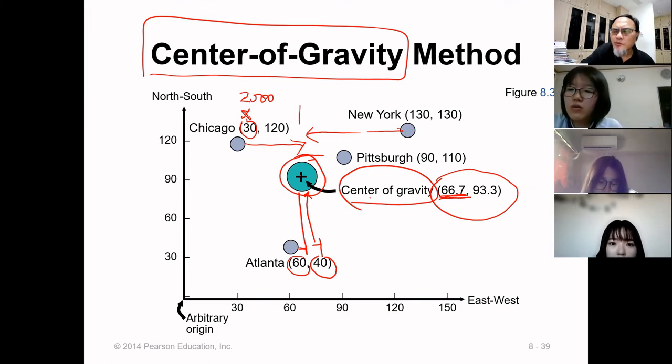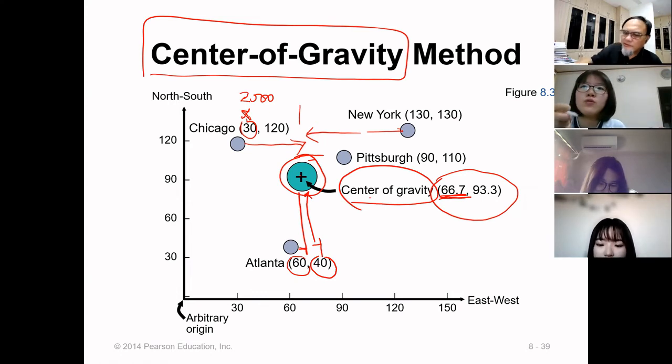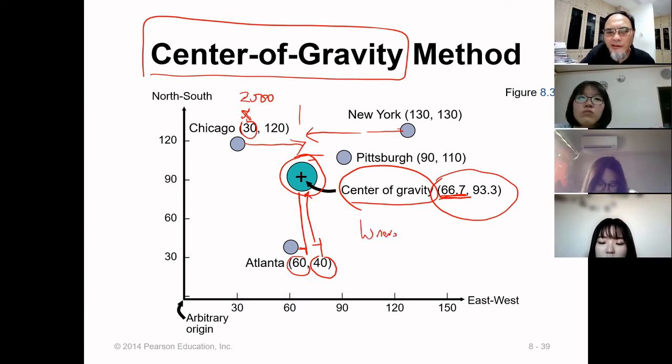So, if we find the center of gravity, what to do next? Because the question is, where should the new warehouse, for example, be located? So the answer is there.